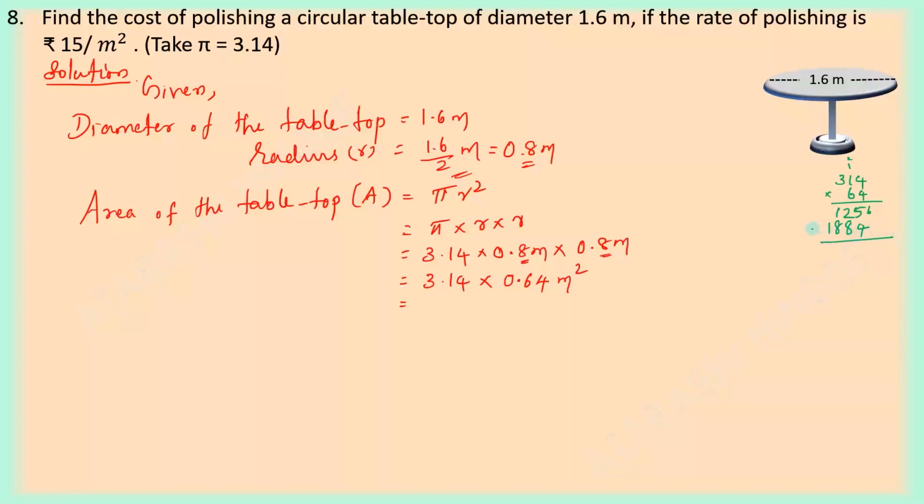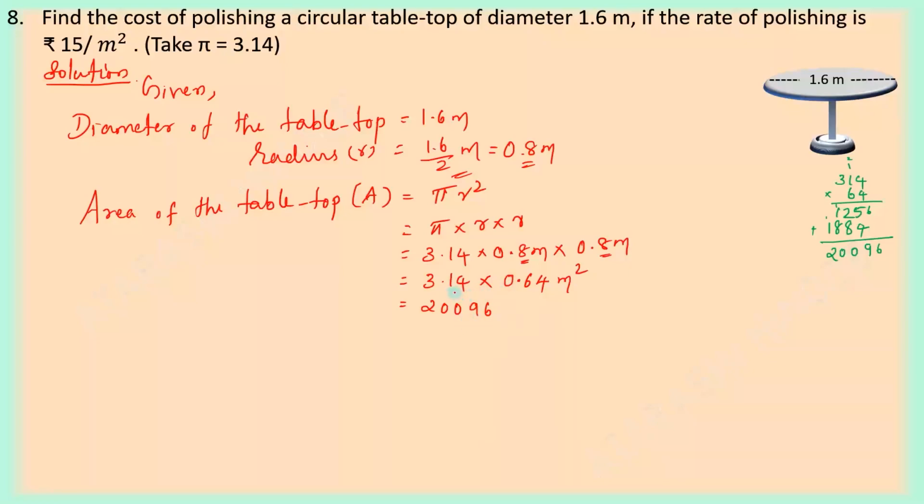When we add 6, 5 plus 4, 9, 8 plus 2, 10, 8 plus 1, 9, 9 plus 1, 10, 1 plus 1, 2. So here we get 20096.